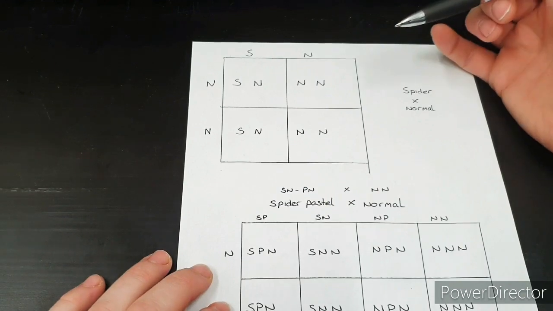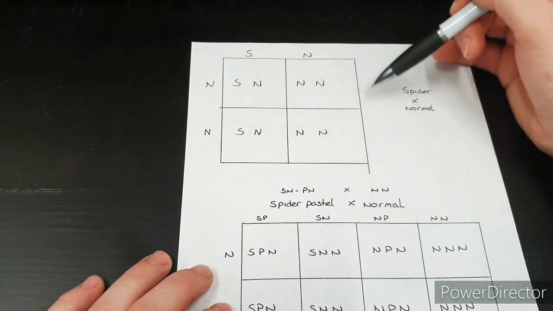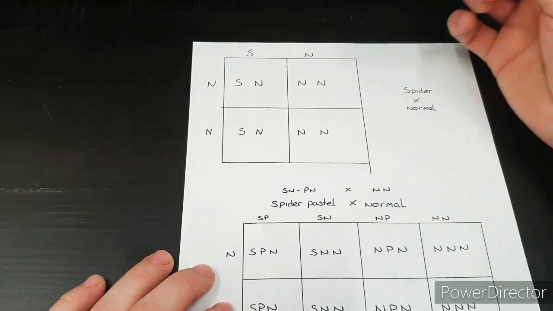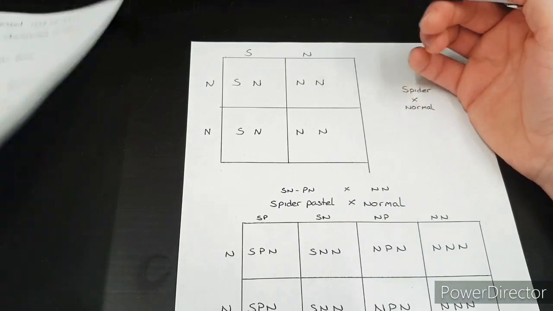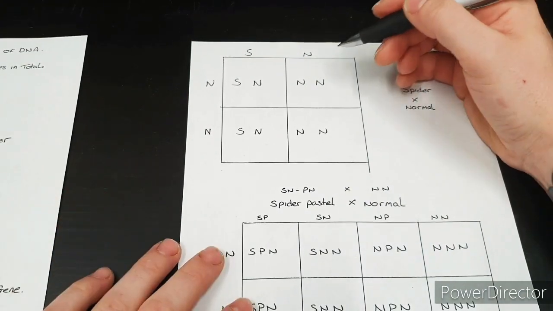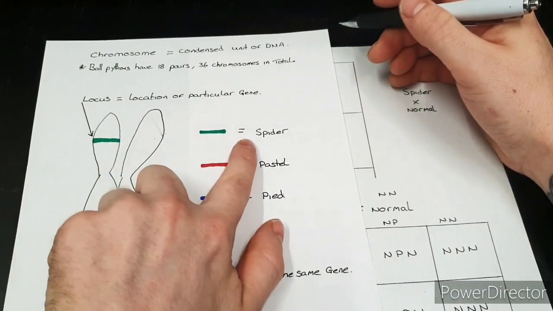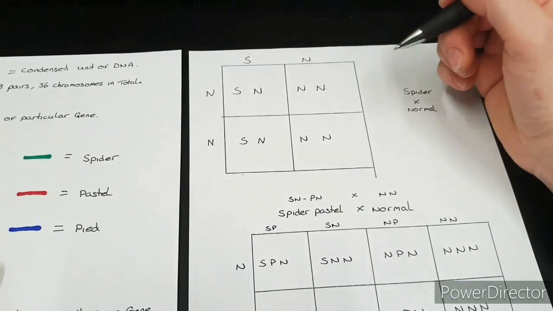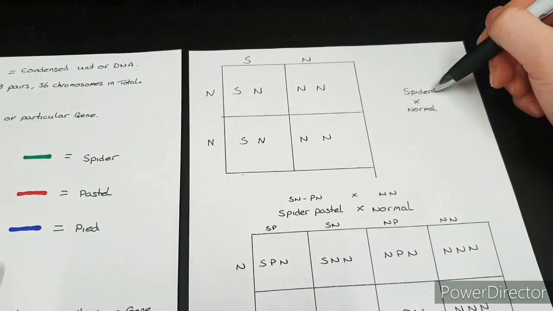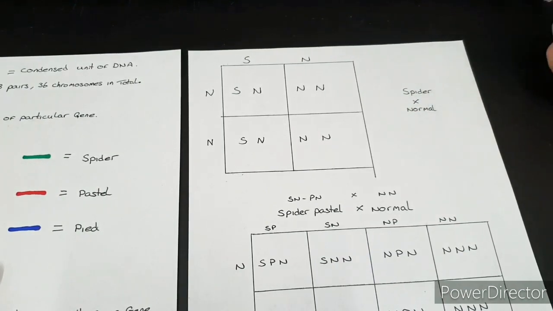You've probably seen this before. This is what's called a Punnett square. On the Punnett square, we'll take for example the spider. What we're going to be doing is breeding a spider to a normal.